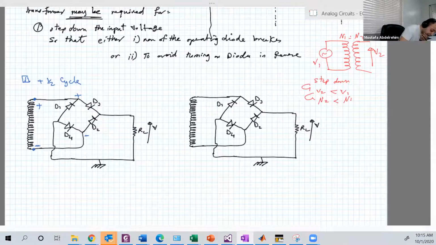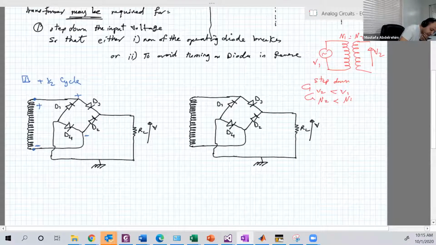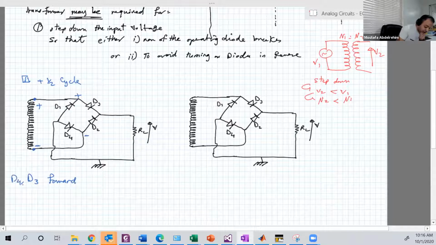So for example, D3 here, which has a P that's closer to the positive, D3 will be forward. D4 is the same because D4 has its N closer to the negative. So D4 and D3 both are forward.